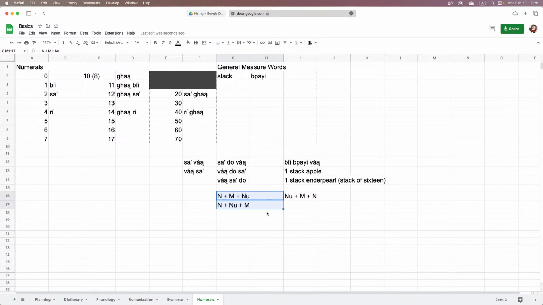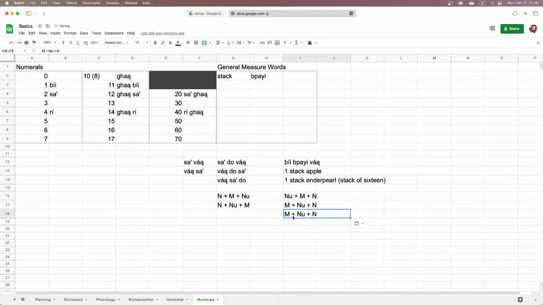Oh yeah, also measure word plus noun plus numeral. I mean, we could just go completely insane and break up the measure word and the noun and have the numeral come afterwards. I don't know of any language that would do that, per se. But it is an idea.